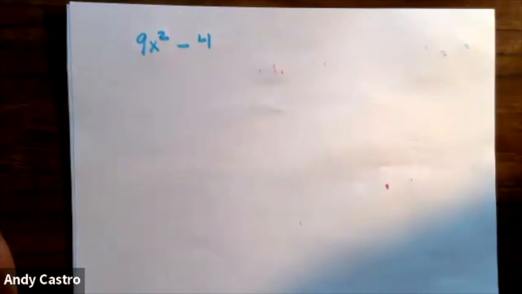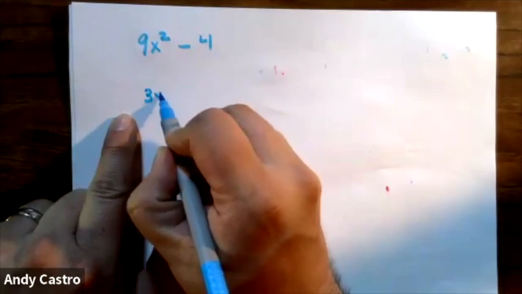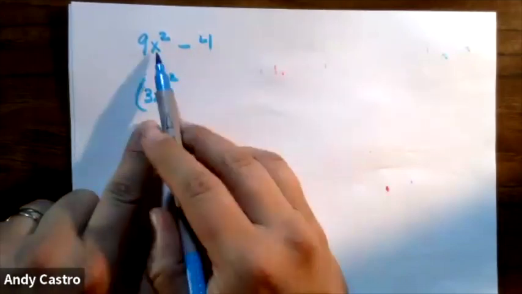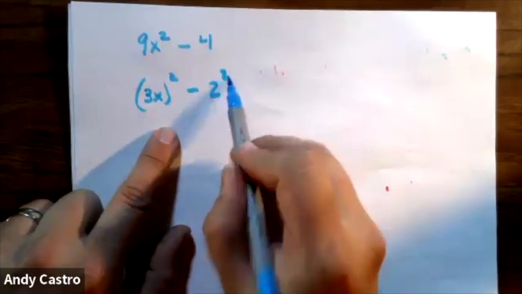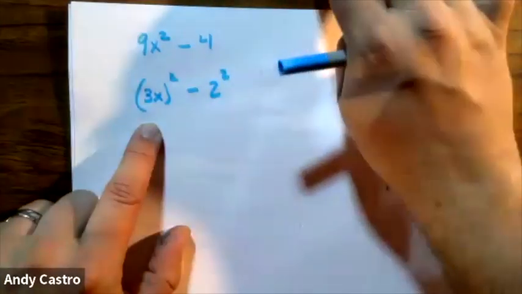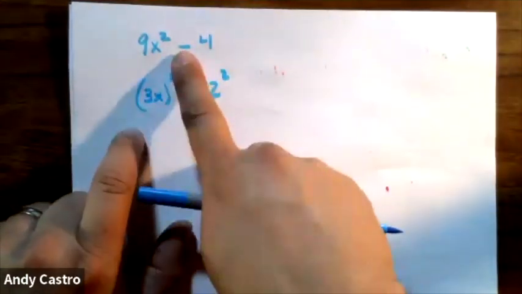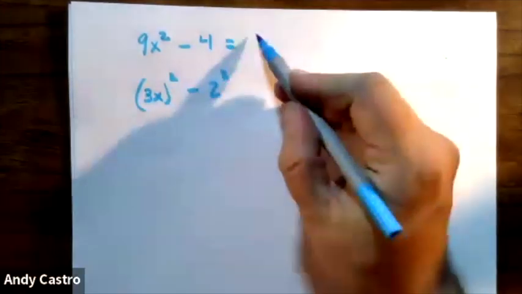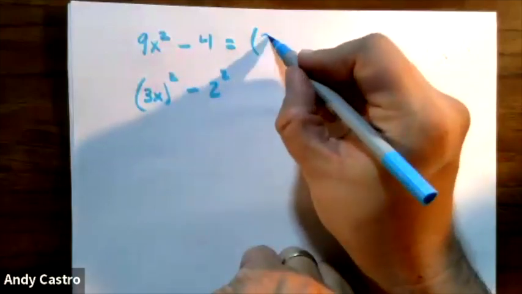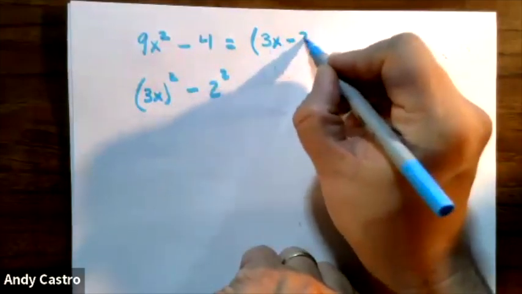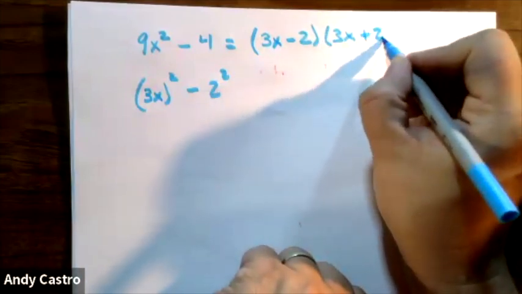Is this the difference of two squares? Well, it is, because right here, this is 3x squared. So that 9x squared is a square minus, and then this is 2 squared. So as long as I can show that I have two things squared with a minus between them, I can use the difference of two squares. So this is going to be 3x minus 2 times 3x plus 2.